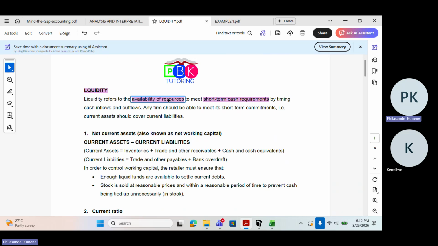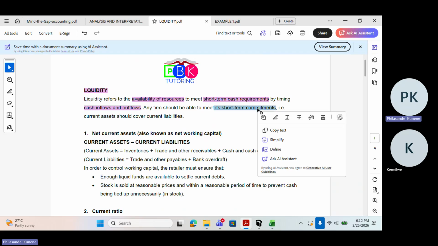Those are resources as well that we can convert into cash, and then we meet our short-term cash requirements. And then number 3, we have bank under current assets. So we are looking at the availability of those resources to meet the short-term cash requirements by timing cash inflows and outflows. Any firm should be able to meet its short-term commitments.